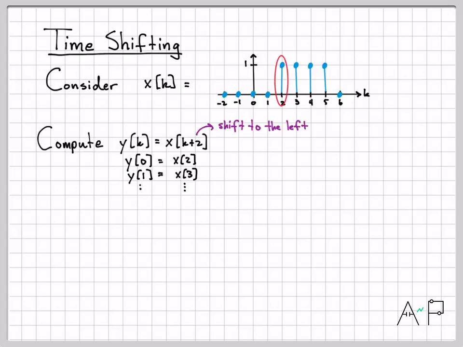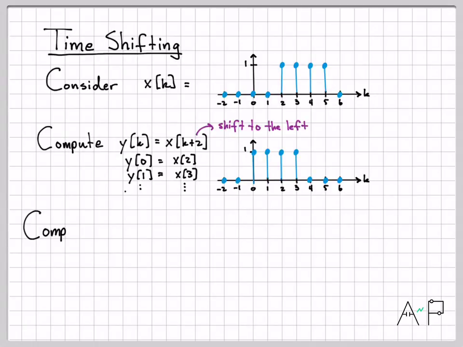So it's as if this value has slid down to time 0. Similarly, y at time 1 is going to be the signal x at time 3. So again, it's like this value comes down to 1. We've shifted to the left by 2 values. If you keep going with that reasoning, it's pretty easy to plot what y of k is, and it looks like this. It's my original signal x of k, but shifted to the left 2 units.